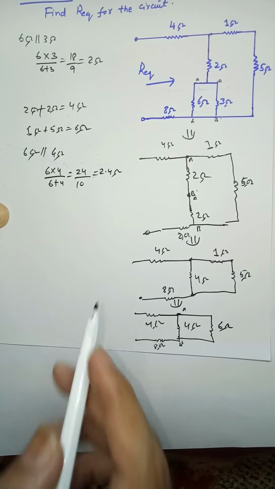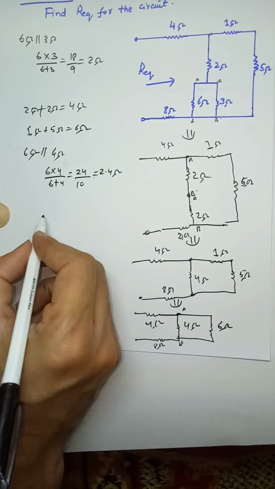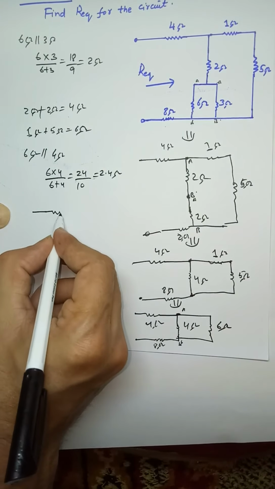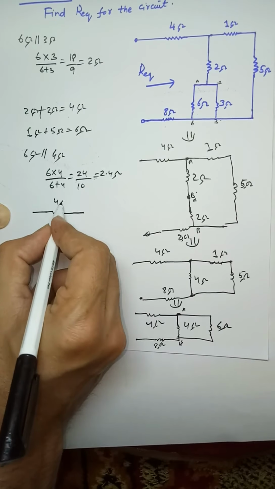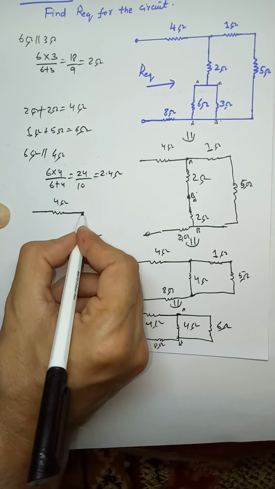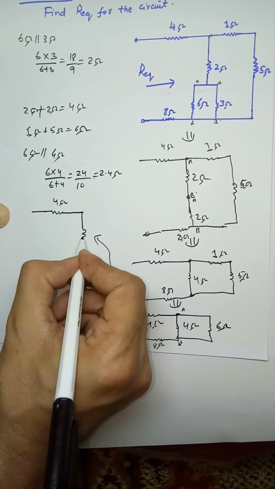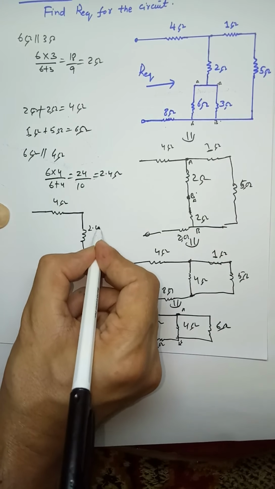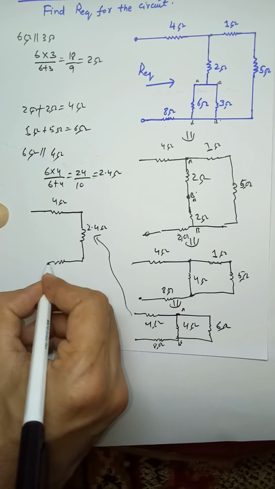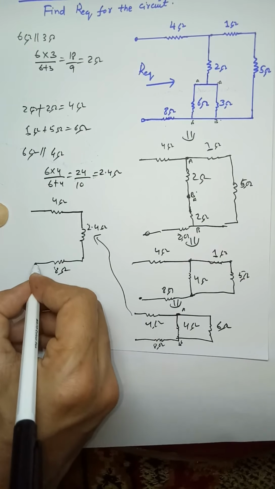So 2.4 ohm. Now the reduced form would be like this: 4 ohm, after this 4 ohm, we have 2.4 ohm for these two resistors and 8 ohm.